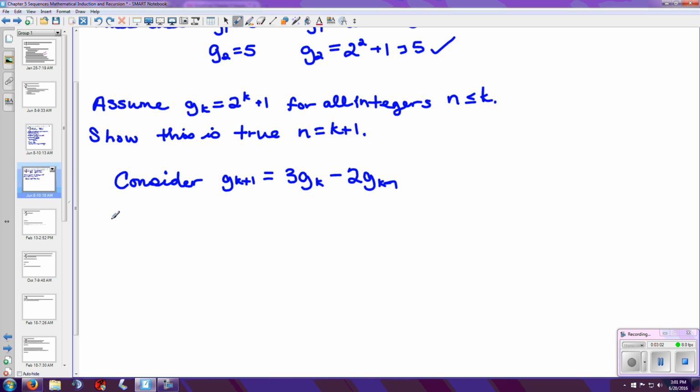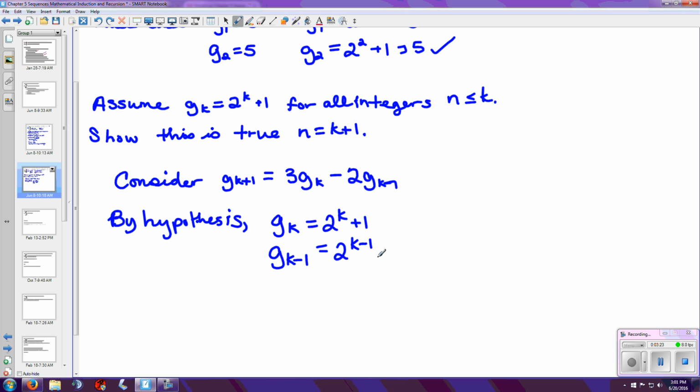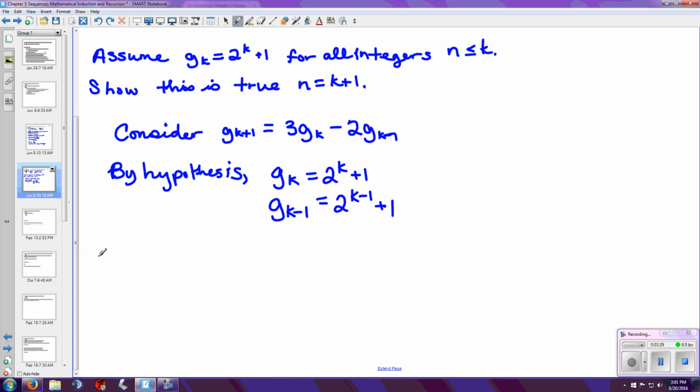So we know by hypothesis that g sub k equals 2 to the k plus 1, and that g sub k minus 1 is equal to 2 to the k minus 1 plus 1. Since both of these have to be true by our hypothesis, we can go ahead and substitute.